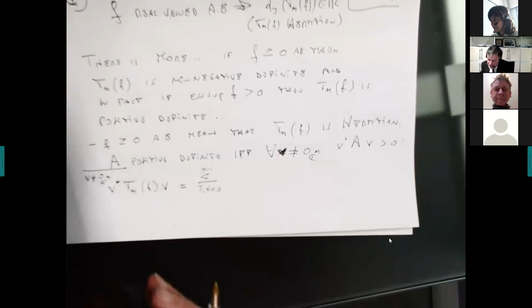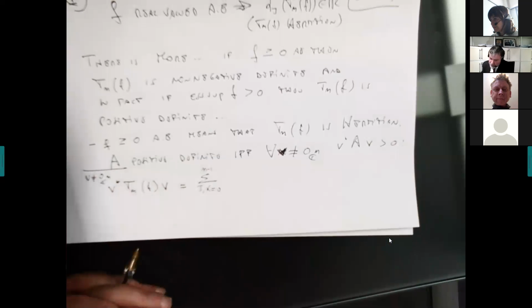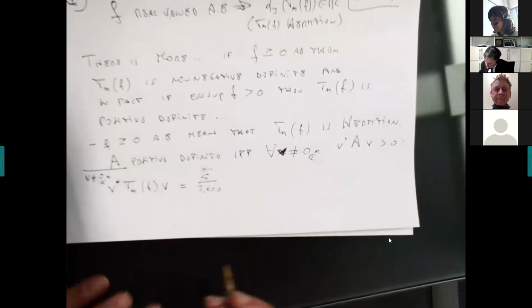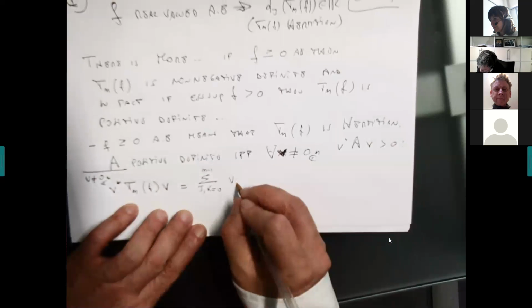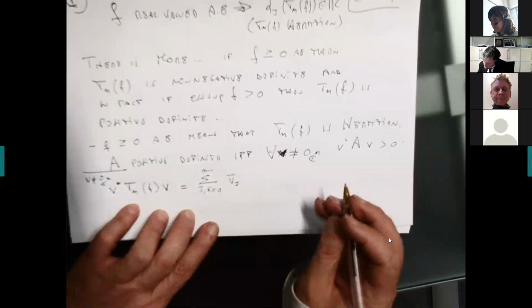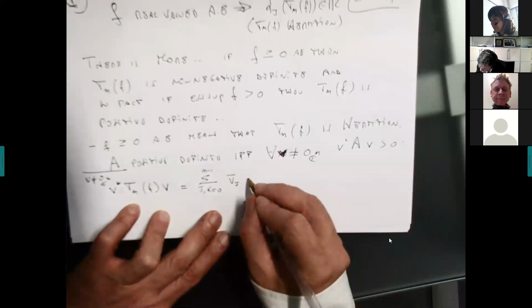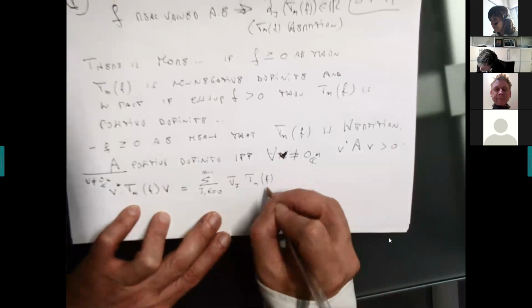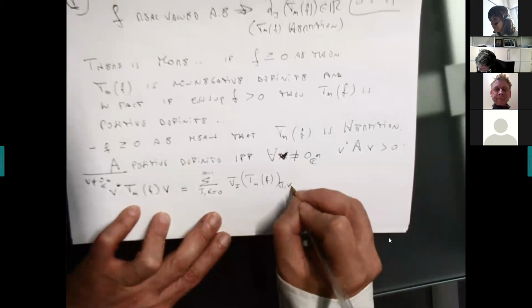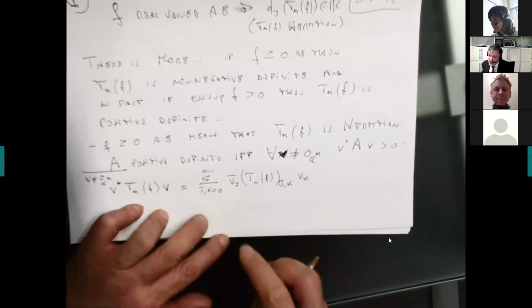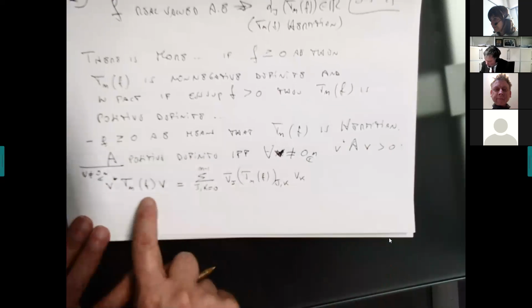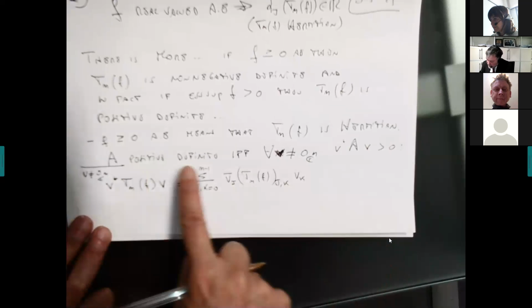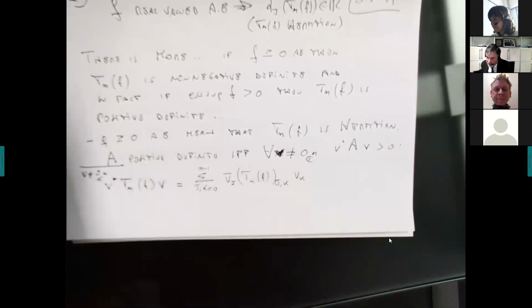Usually the vectors go from 1 to n, but in the magical world of Fourier, circulant, and whatever, going from 0 is more useful. So there will be vj conjugate, then Tn of f in position jk, and then vk. This is not special for Toeplitz. This is true if here I put a matrix A, then ajk is a general formula.